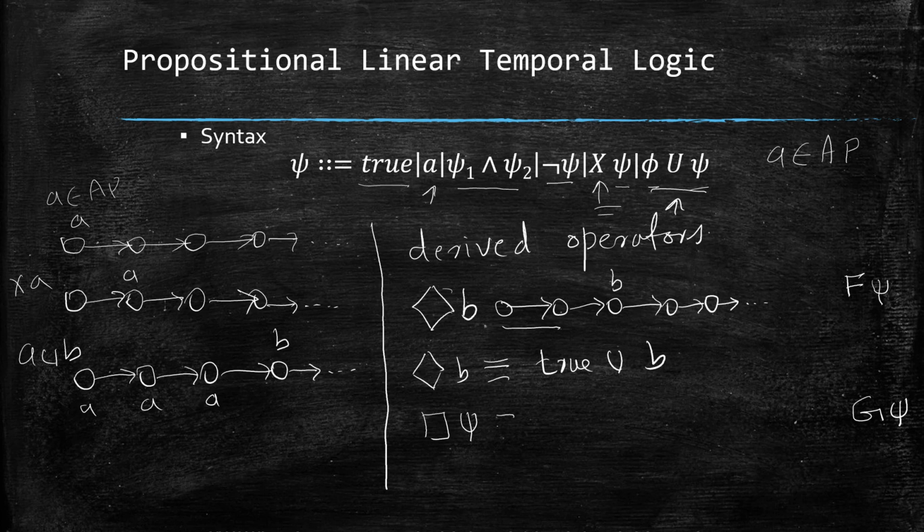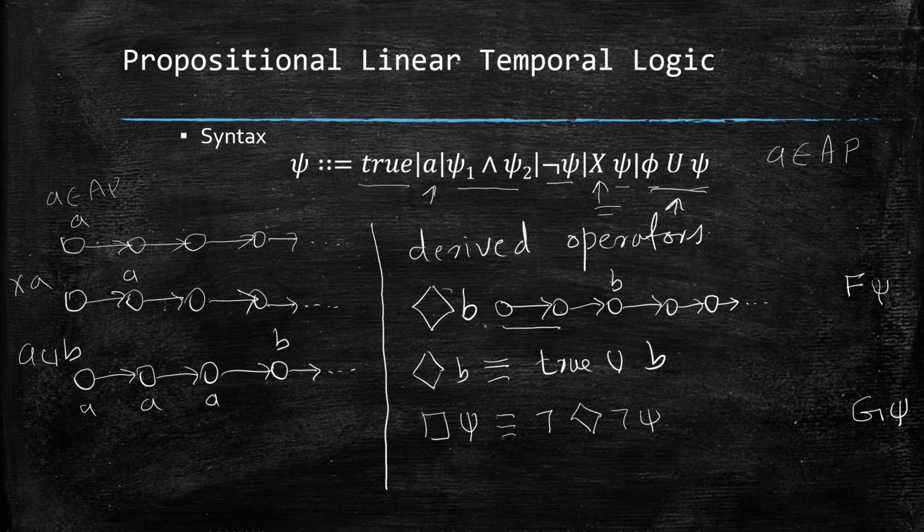So we can write always psi as not eventually not psi, or not future not psi. This also tells me that the box and the diamond are duals of each other.